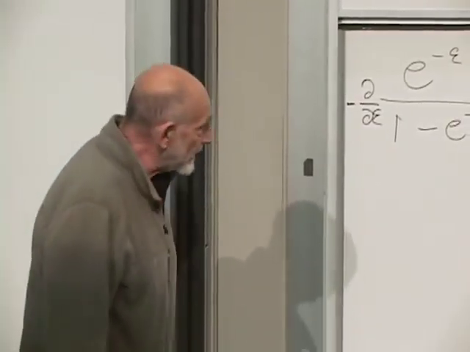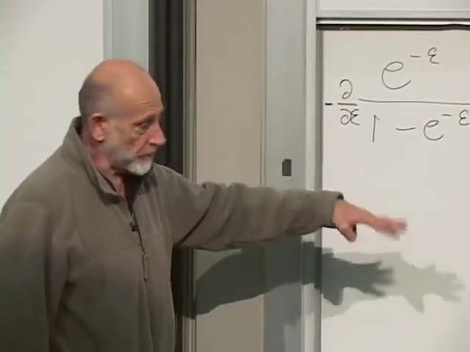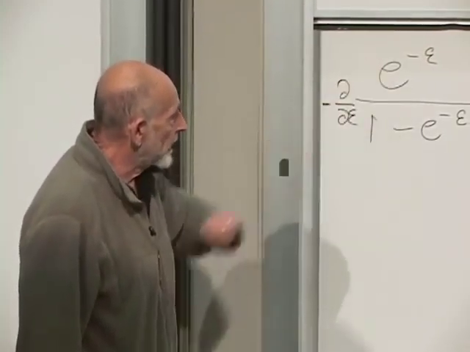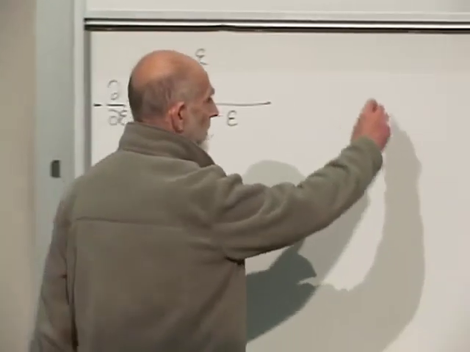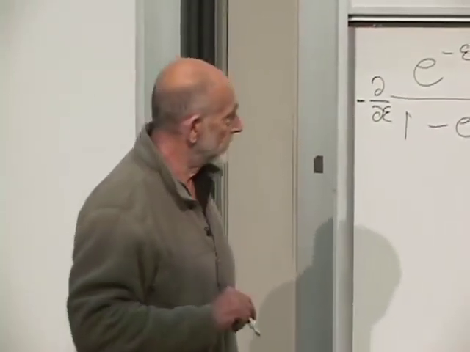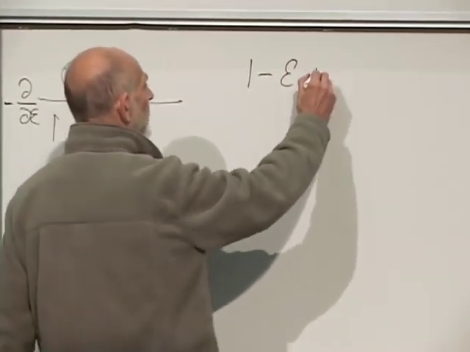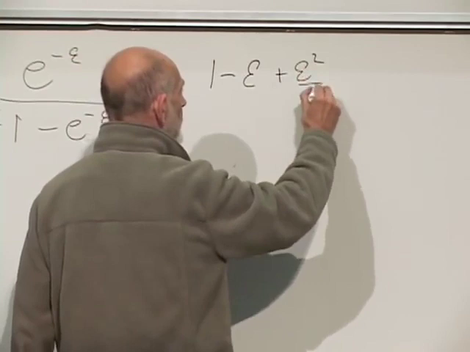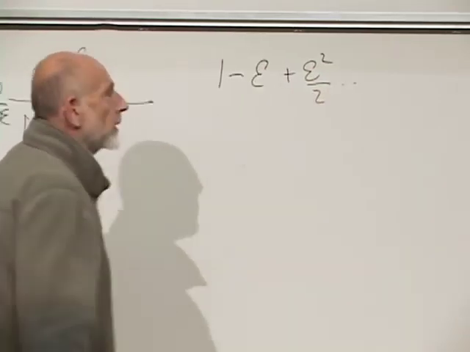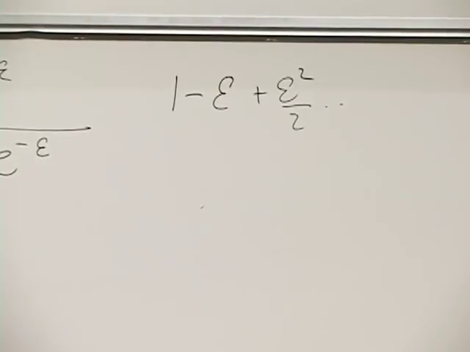Let's first expand it for small epsilon, and then do the operation, and let epsilon go to 0. So what is e to the minus epsilon when expanded in terms of epsilon? 1 minus epsilon plus epsilon squared over 2, dot, dot, dot. We're only going to need things to power epsilon squared. We won't need things beyond that.